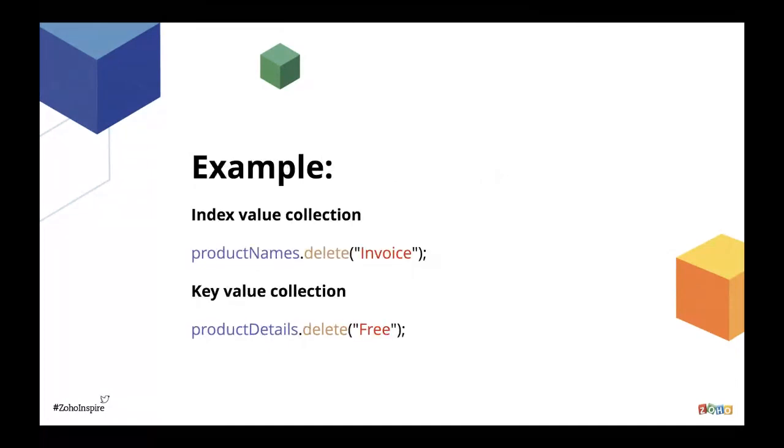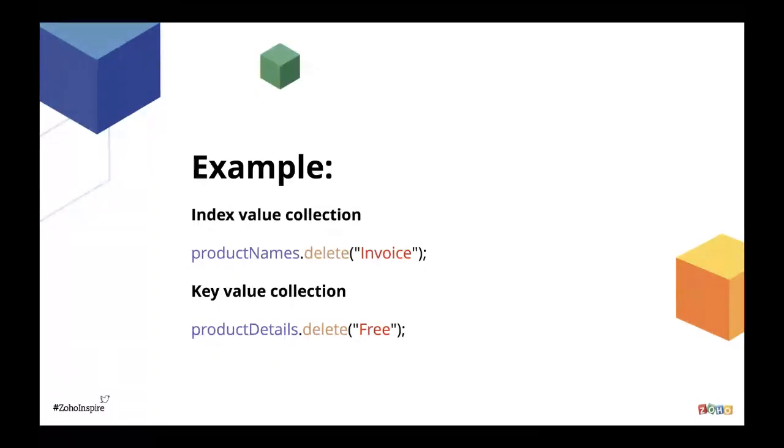For an index value collection, you could specify the collection name dot delete, and then the actual value to be deleted. If I want to delete the value invoice, I would specify invoice there. And for a key value collection, I could specify the actual value, which is free here.